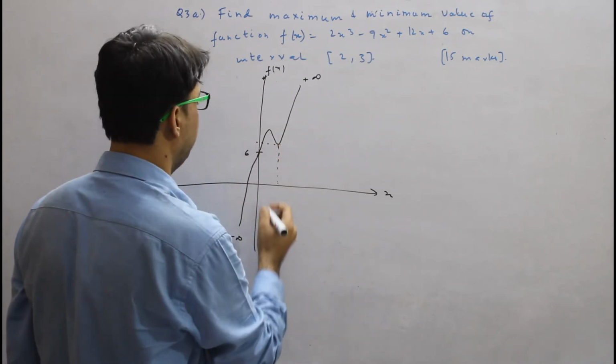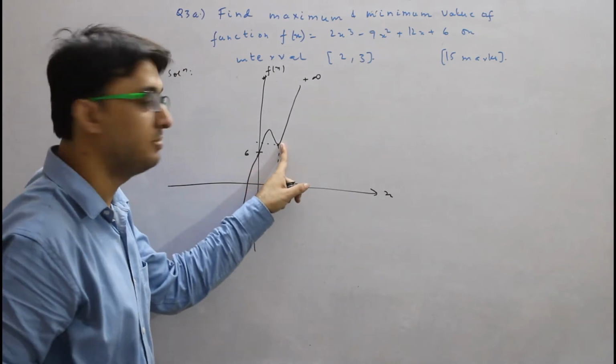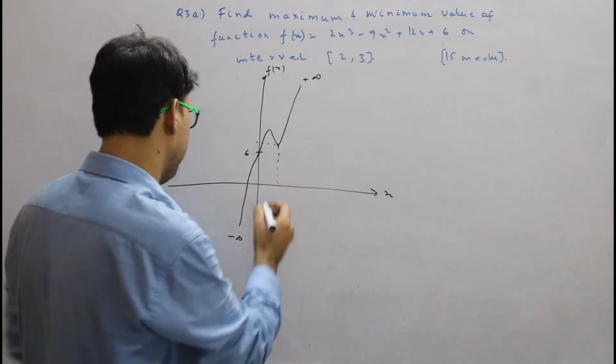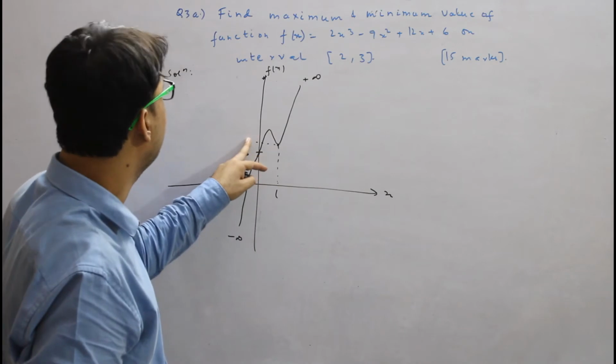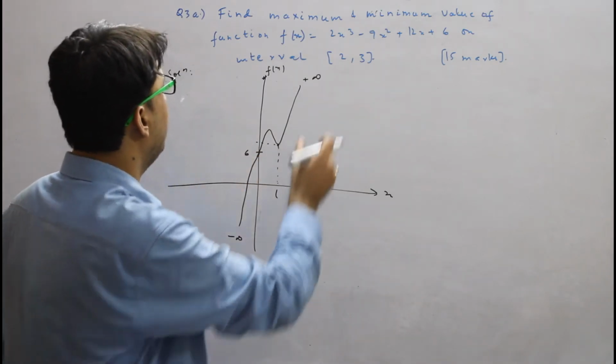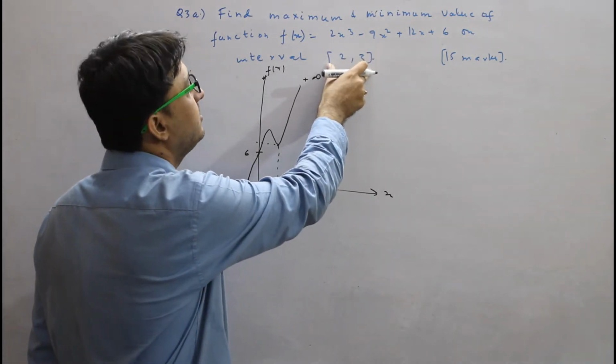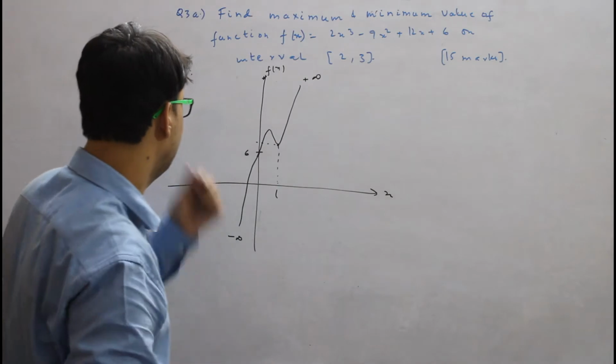This is some point. This is the minimum point, we can see from the graph. So whatever will be the value of this point, that will give us the minimum value over here. And here we have to confine ourselves to 2, 3.